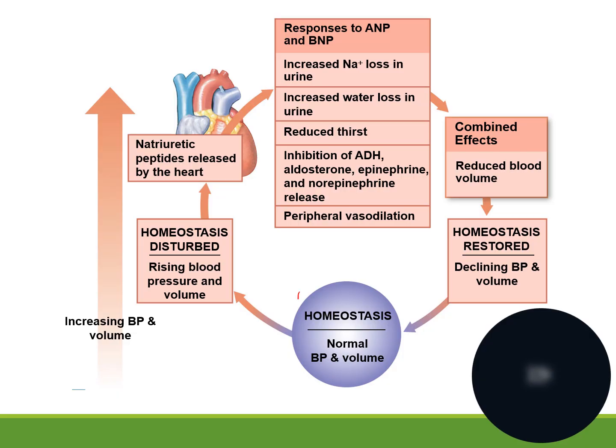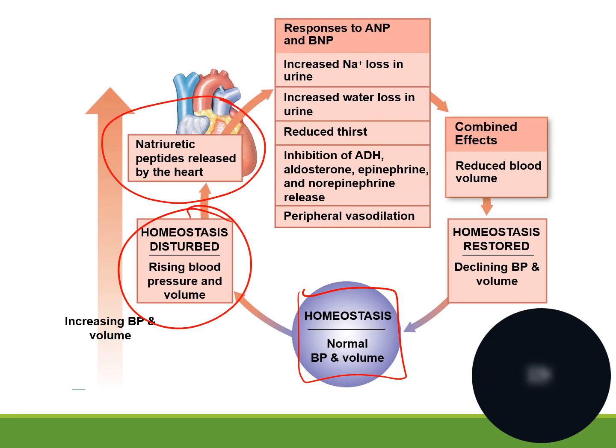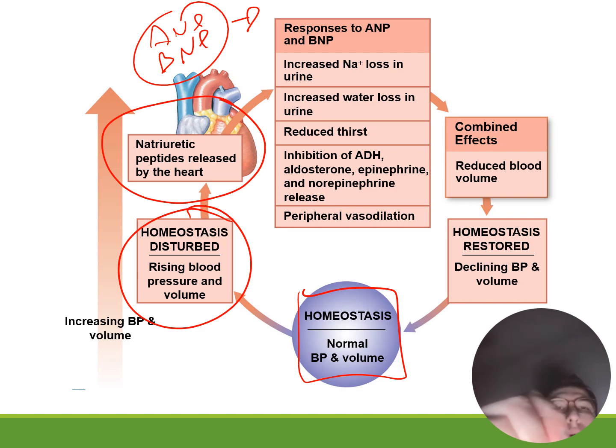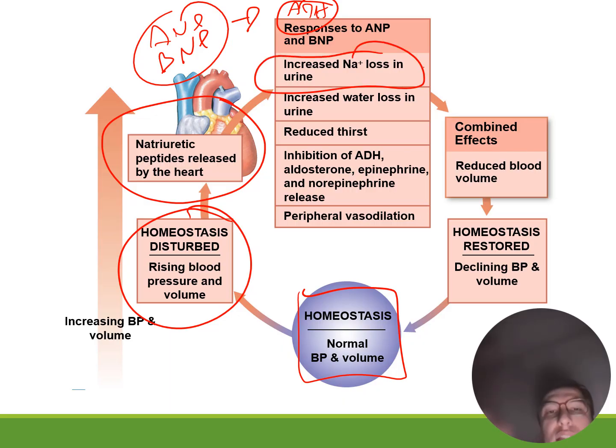Let's take a look at the homeostasis. We have a rise in blood pressure, making that end diastolic volume increase. Now it is causing ANP and BNP to be released. This is going to antagonize or oppose antidiuretic hormone, and when we're doing that, we're going to cause an increase of sodium release through the urine.